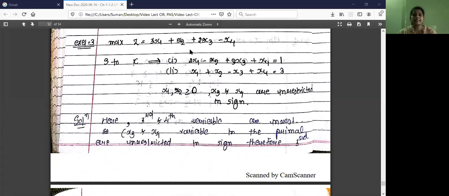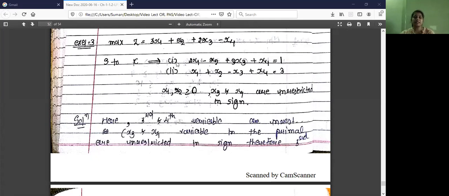So our next example is a very interesting example. See here, maximize z is 3x1 plus x2 plus 2x3 minus x4. This is our objective function, and we convert the primal into the dual.